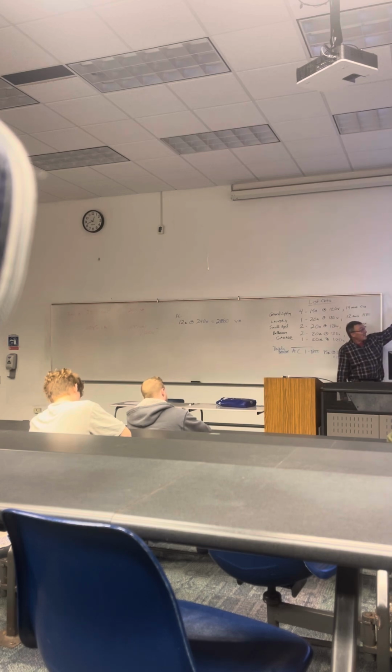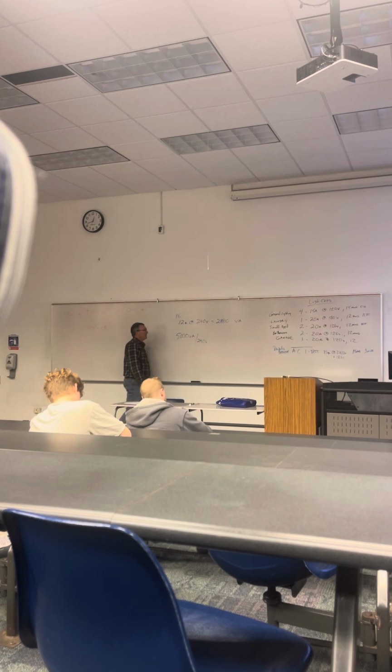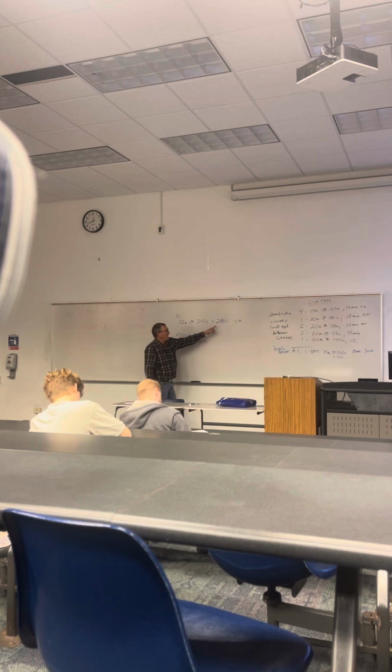So the double breakers are down here. We have a dryer, that's 5,000 VA. So how much current? The AC was only 2,800 and we were at 12 amps.